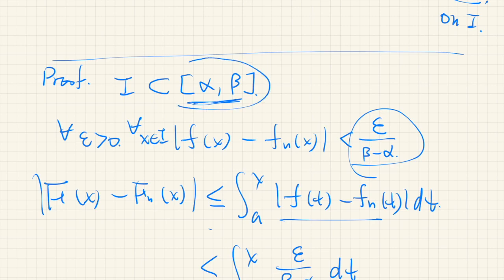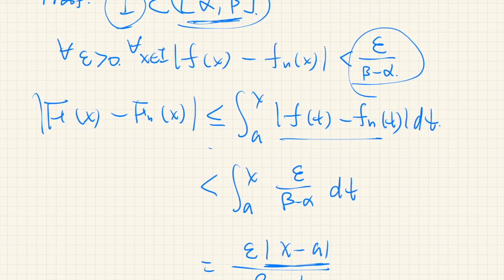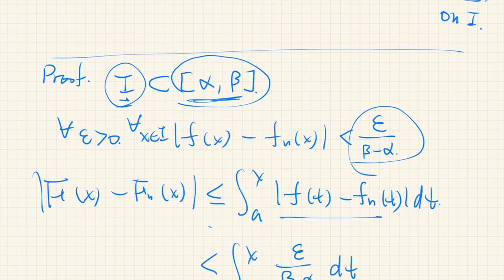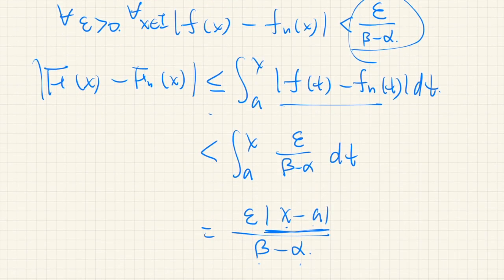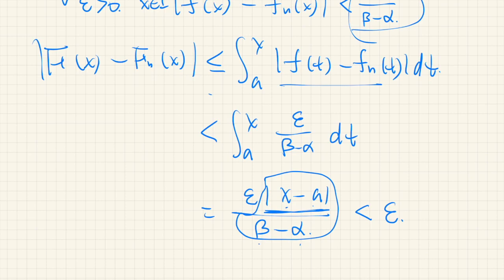Because this interval includes this interval, and both x and a are within this interval I, so this part is less than 1. So this is less than epsilon. That means irrespective of x, this holds. Therefore, this sequence, capital Fn, converges uniformly to this function, capital F of x. We are done.